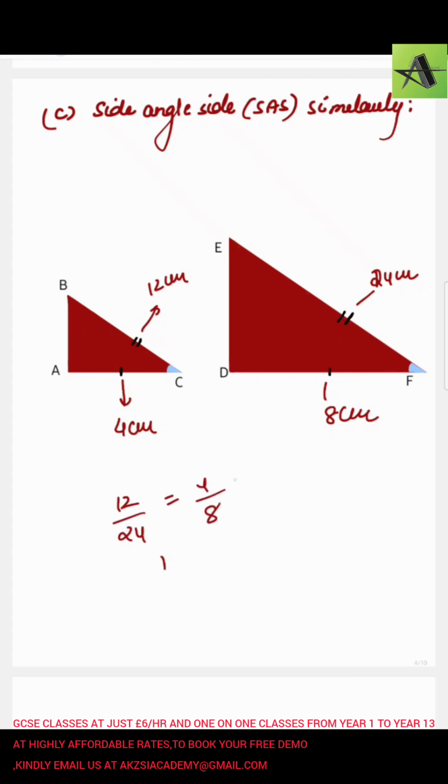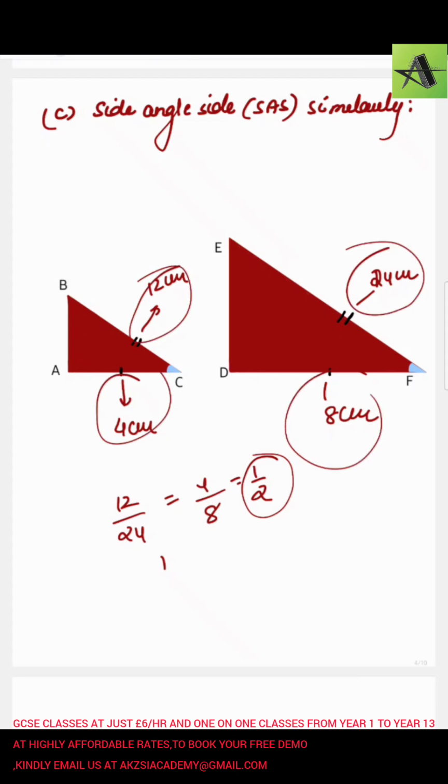So 12 over 24 is equal to 4 over 8. That is going to give you the same proportion, and the important thing is which corresponding angle: the corresponding angle which is included in these two. We have proved this side, this side, this side, this side. So the angle should be in between that.